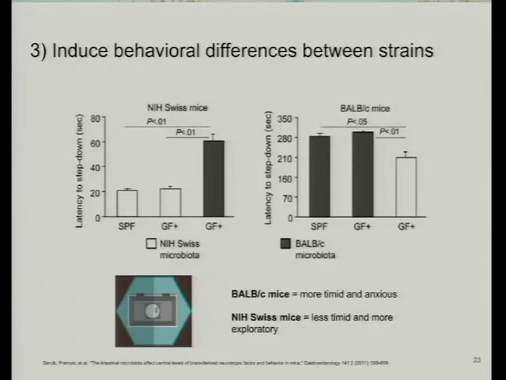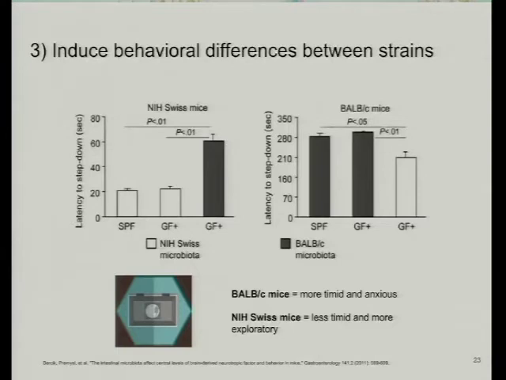Similarly, the BALB/c mice are again known to be more timid and more anxious. So, as expected, with the normal, I guess, SPF and the germ-free mice, they would take quite a bit of time to step down, about 280 seconds, which is quite a bit more than the NIH Swiss mice.